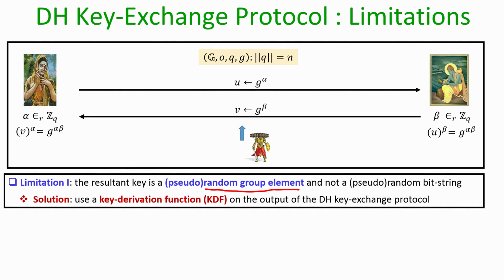A potential solution to get around this problem is to use a key derivation function, which we had seen during our discussion on the hash function. We can use any of the standard key derivation functions based on the hash function.